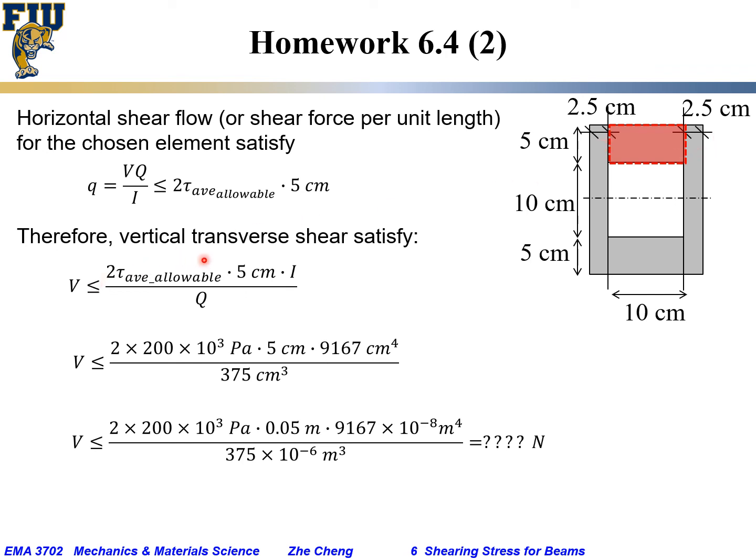Therefore, the vertical and transverse shear V has to be equal to or smaller than 2 tau average times 5 centimeter times I moment of inertia divided by the first moment Q.